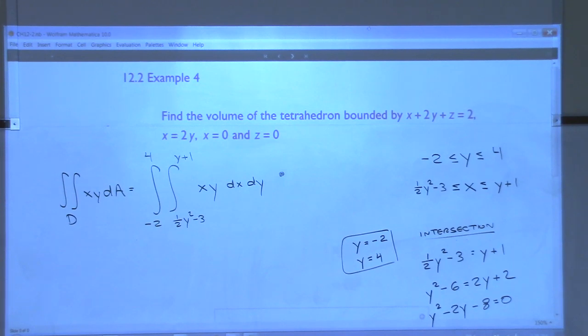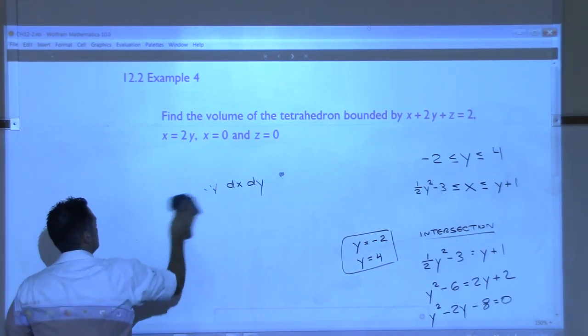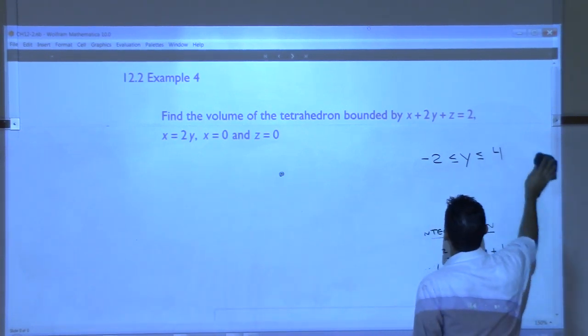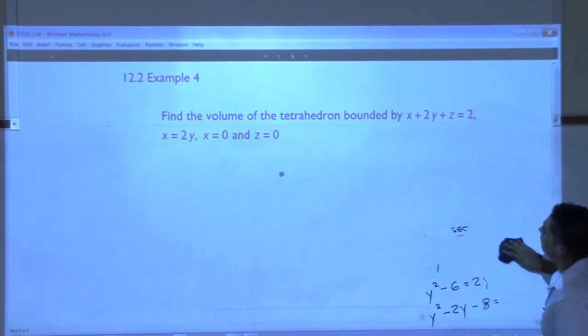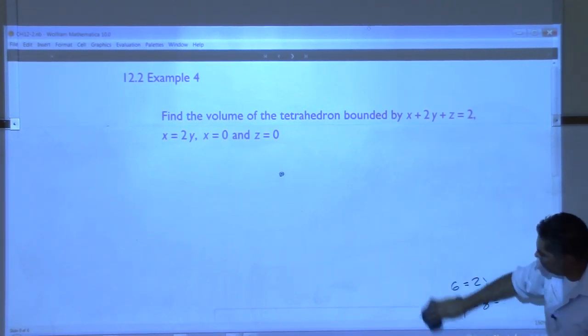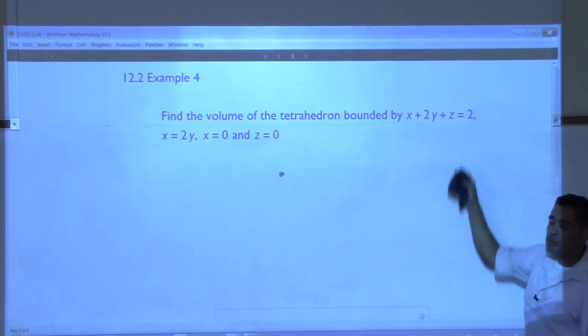Okay, so here's a slightly different problem. Find the volume of the tetrahedron bounded by this. What is that geometrically for us in this class? It's a plane, right? That's a plane equation.